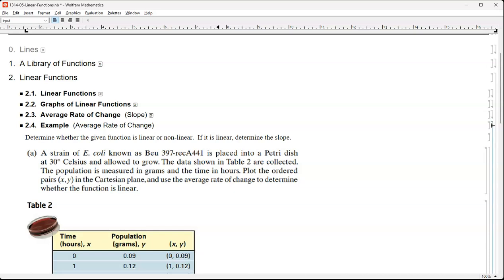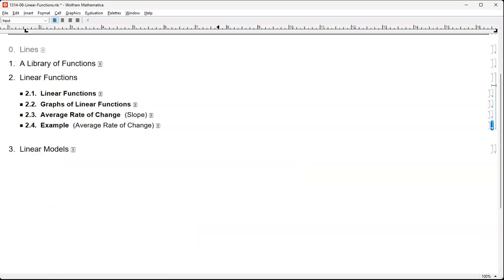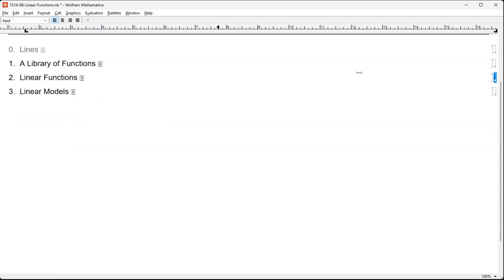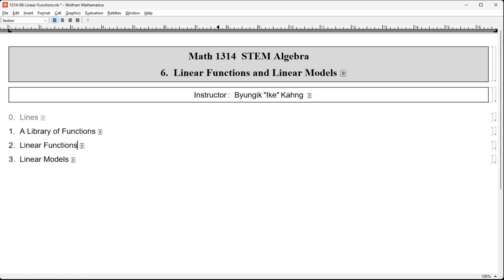Okay, so much for example 2.4, and I wish I had a little bit more time to complete part B, but looks like I'll have to stop here. It turns out part B is going to be an okay model. It's going to be perfectly fine. I'll stop here in section 2.